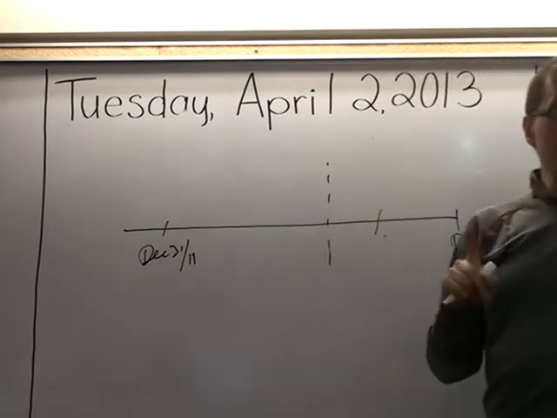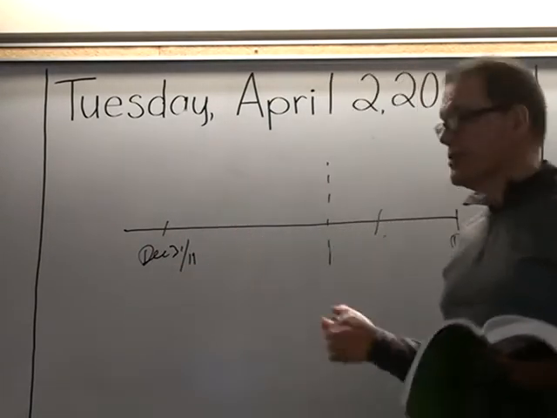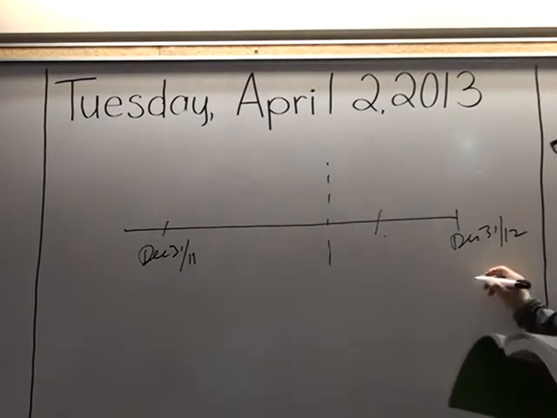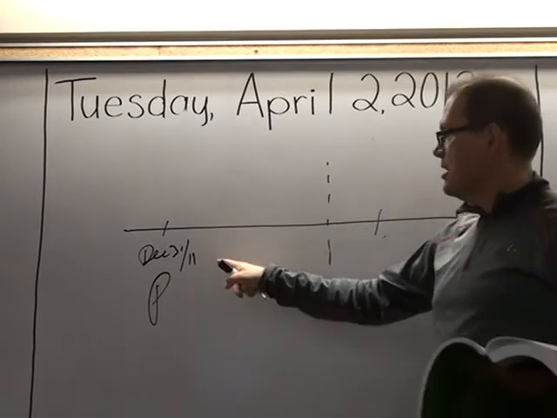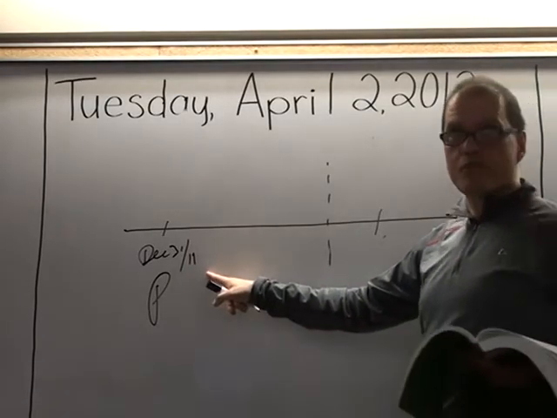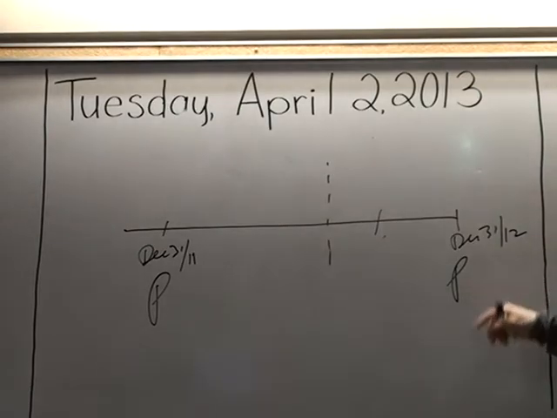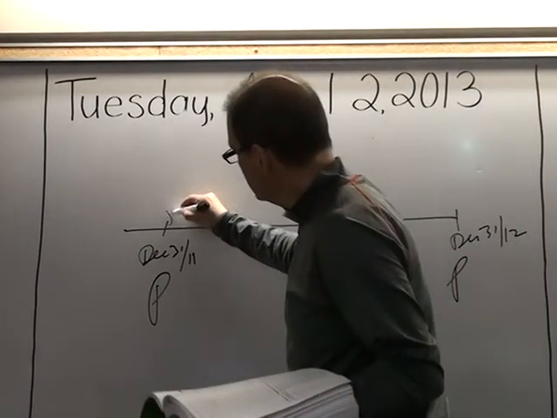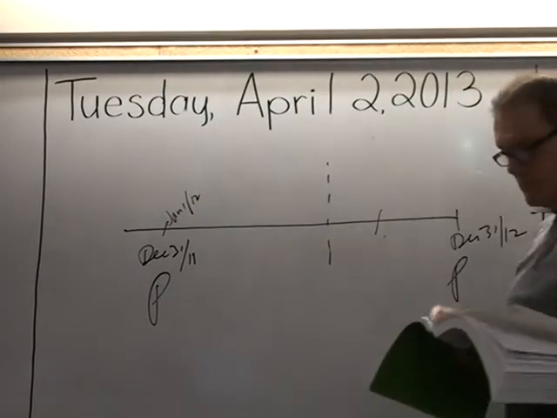This particular partnership, and a partnership has a fiscal year end just like a corporation has, has a December year end. So it has a partnership year that runs from January 1st, 2012 to December 31st, 2012, 12 months.